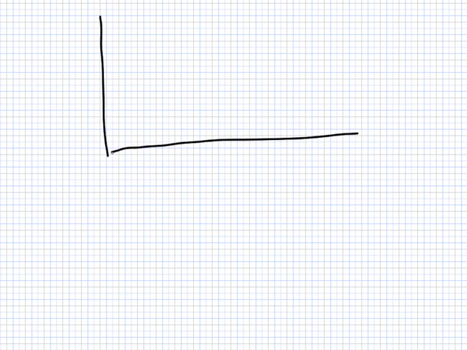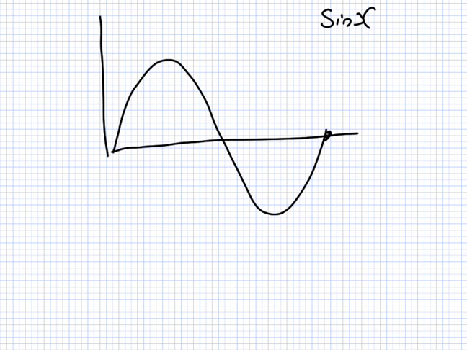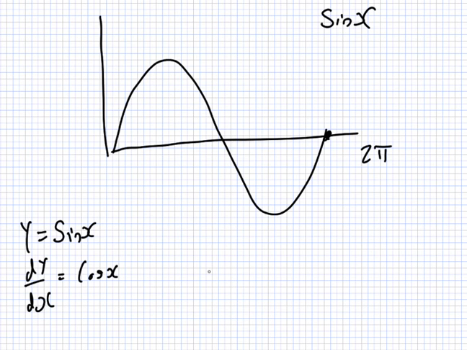So this is our sine graph, and we're using radians. So I have y equals sine x. And what's the derivative here? Cos x. And what's the second derivative? Minus sine x.